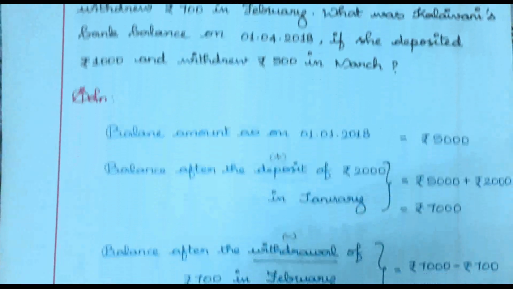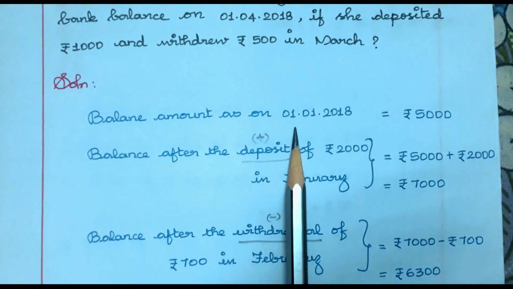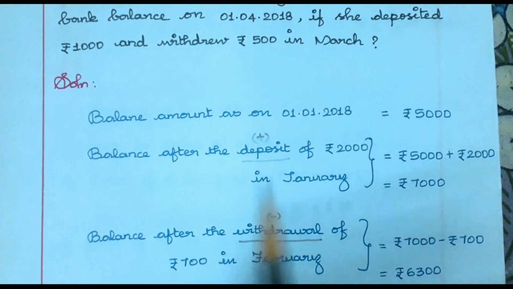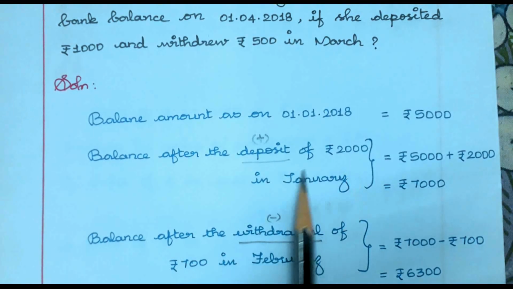Solution: here the balance amount as on 1st January 2018 is rupees 5,000. Clear? Balance after the deposit of rupees 2,000 in January.